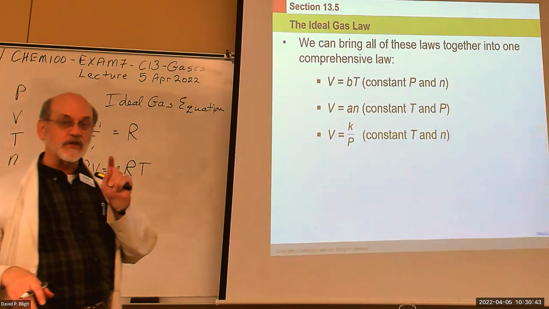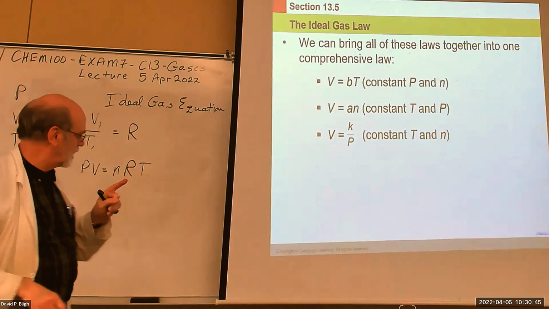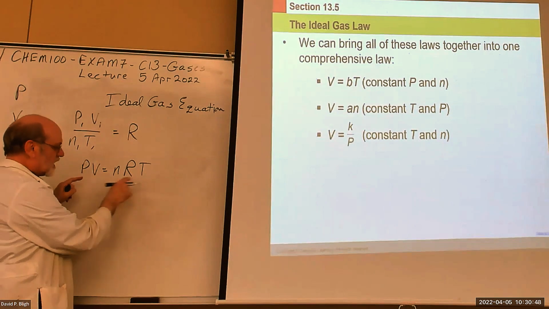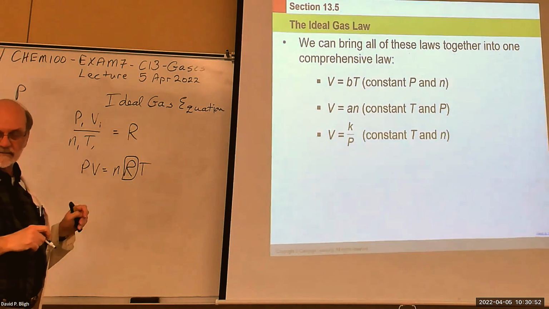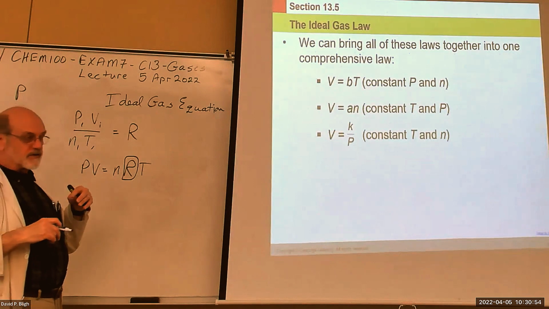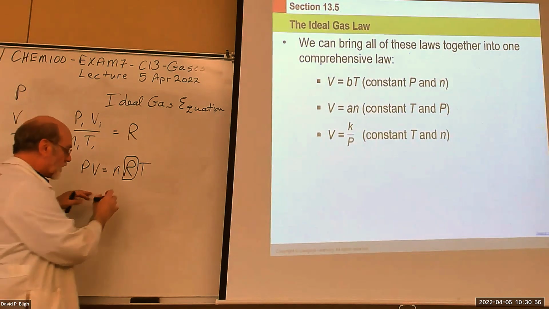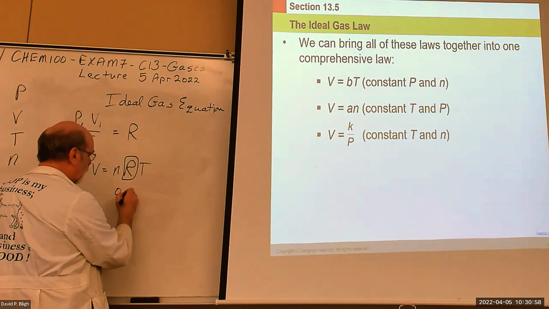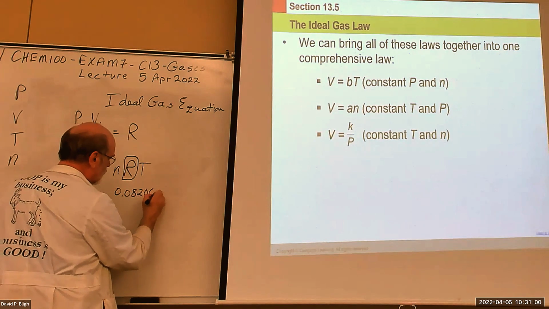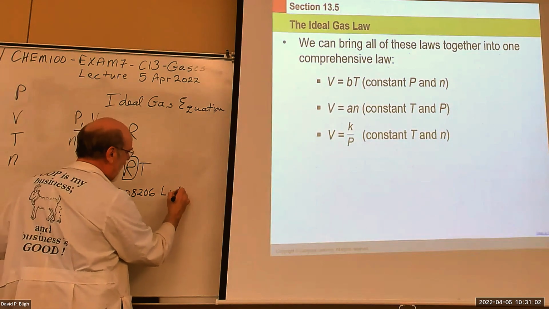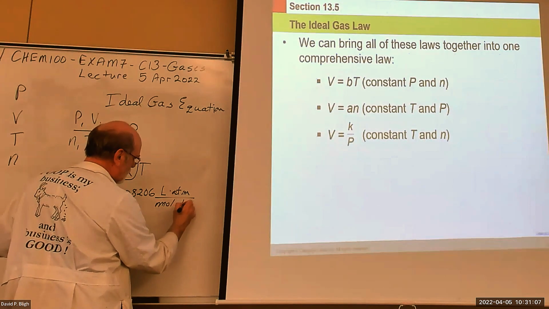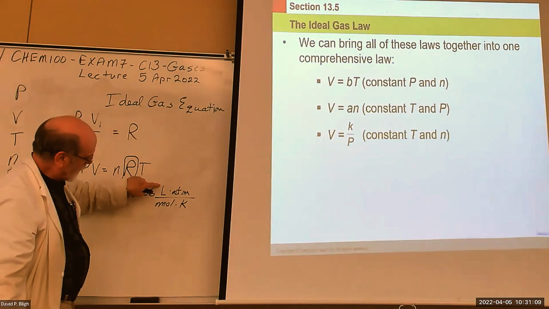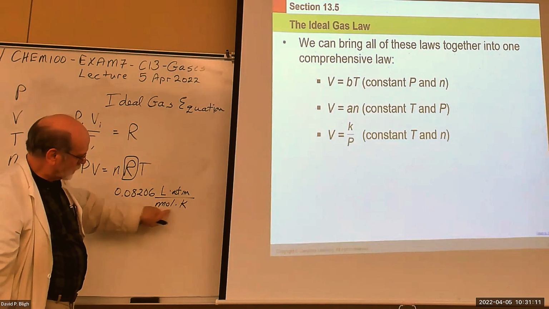But it does matter the units that you use. The units for each one of these is dependent upon the units for that one. And for our purposes in this class, we're going to use R equals 0.08206 liter atmospheres per mole K. Volume, pressure, moles, temperature.